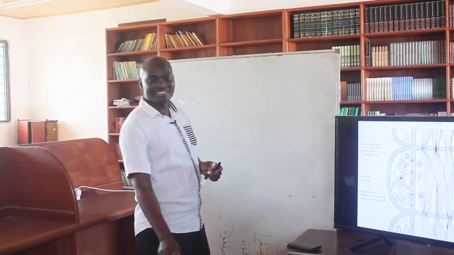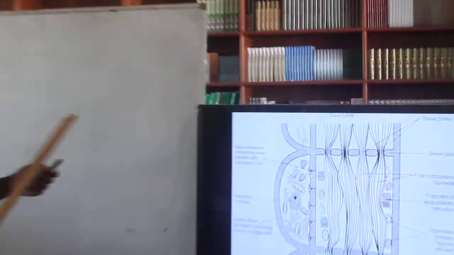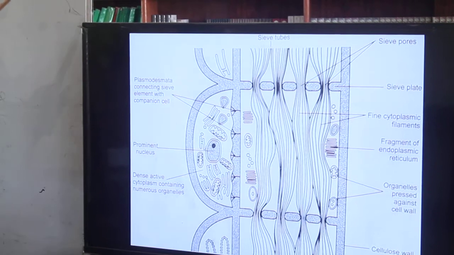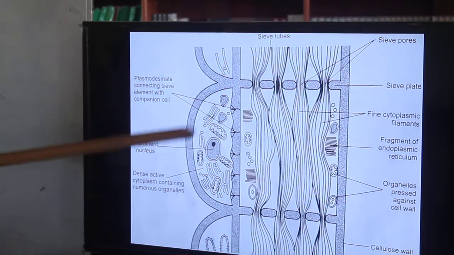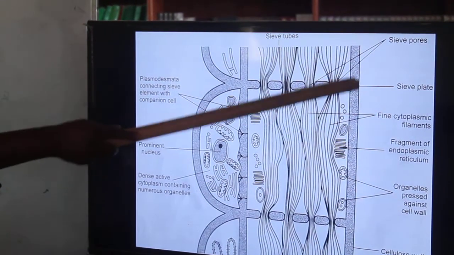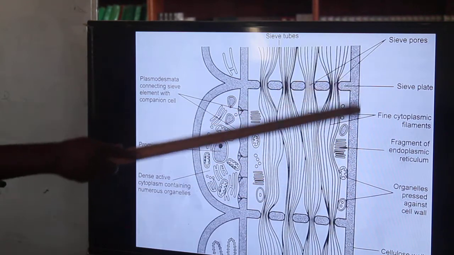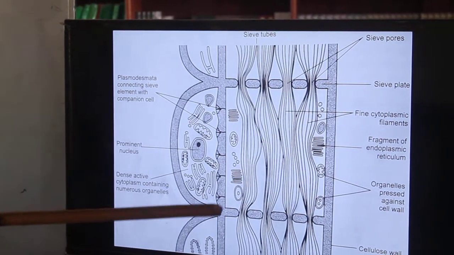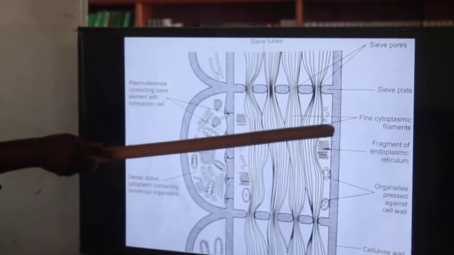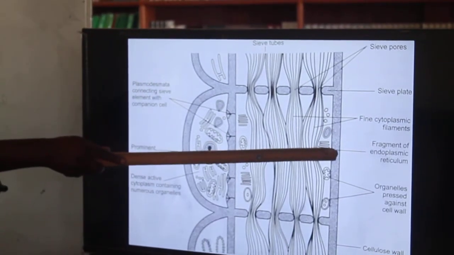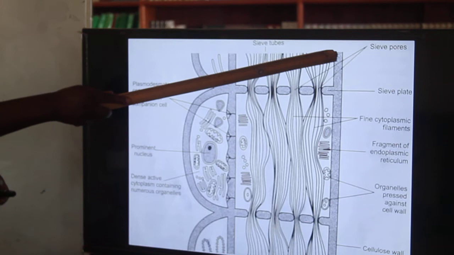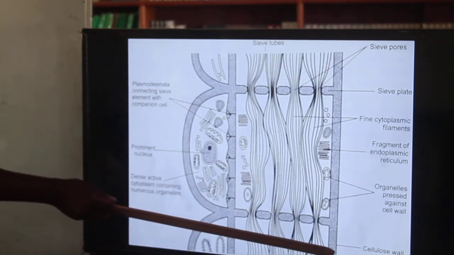I want us to study this diagram of the structure of the phloem. If you look at the structure of the phloem, we have something like a tube. This one is a sieve tube. On top of it, there is another sieve tube. Down here, we have another sieve tube.